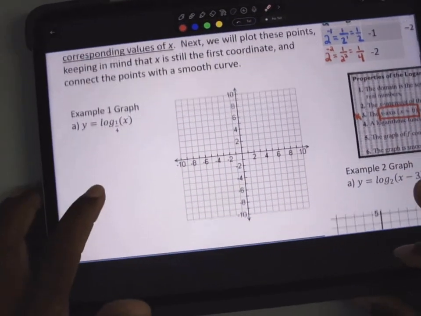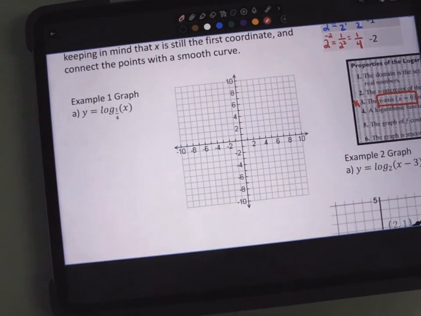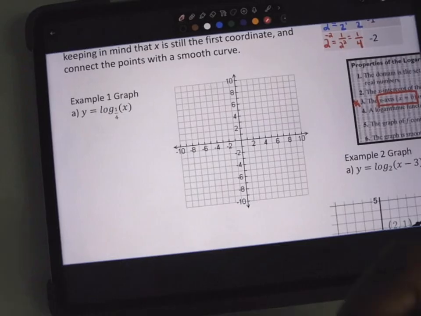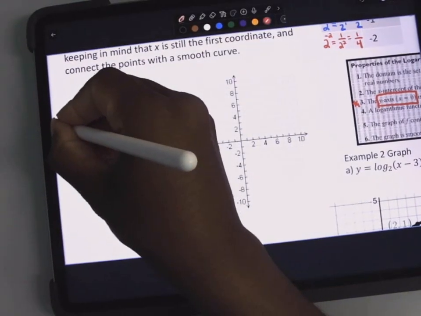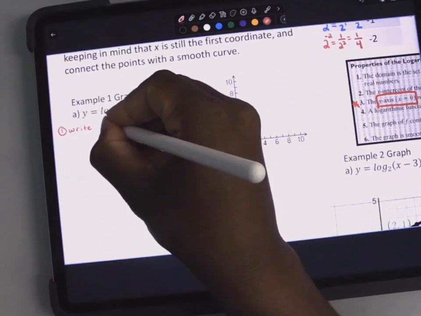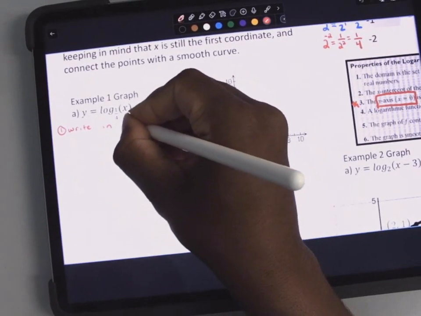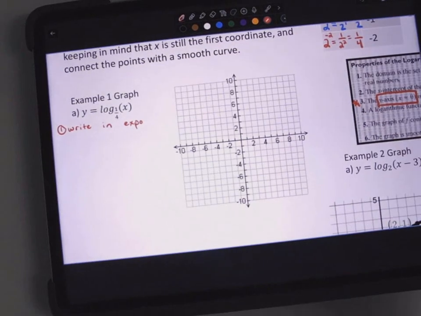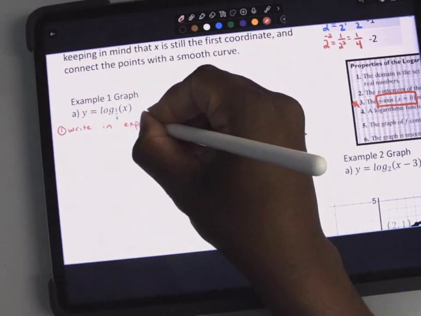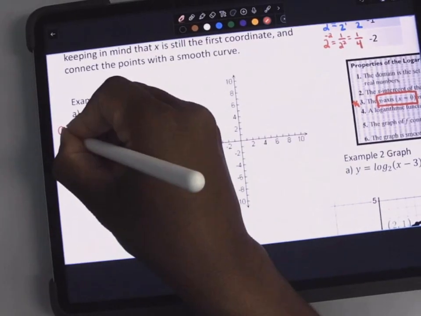Let's look at another one. So we go to example 1. We got a graph that is in logarithmic form. Let's first write it in exponential form, just like in the do now, in the warm-up. So I'll just put a step so everybody, when you look at your notes, this will make sense. We're writing in exponent form.